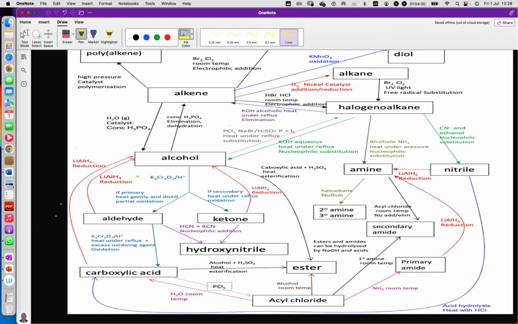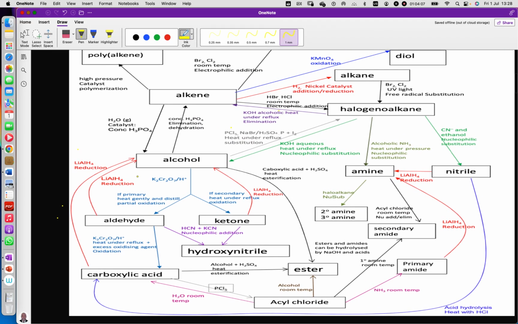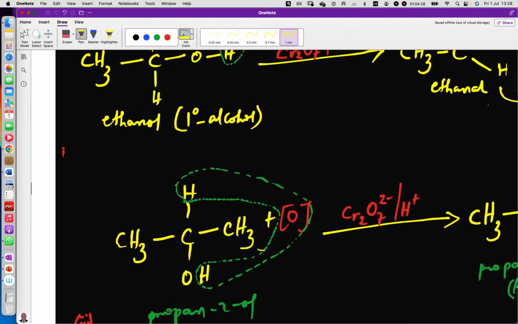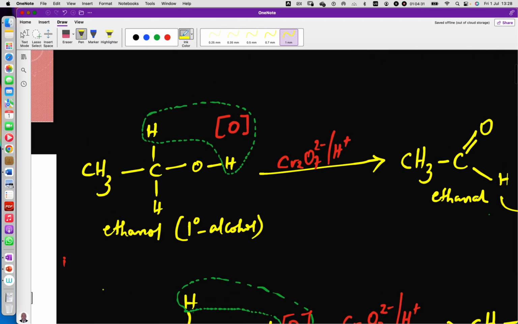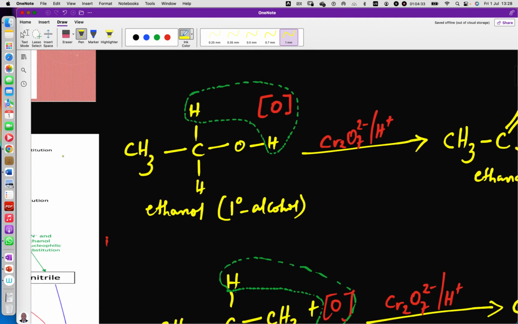Then ketones again can undergo reduction back to a secondary alcohol. So now let me show you how you can come about this.